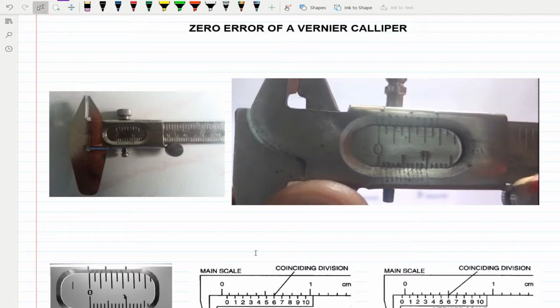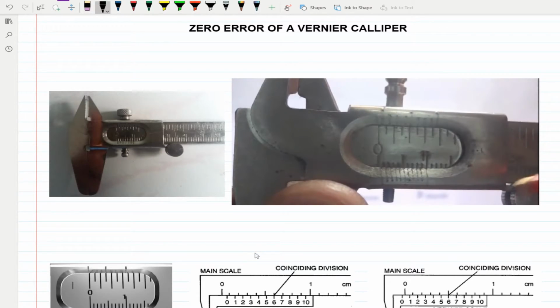Our next topic of discussion is a type of error which is known as zero error. So we will see what zero error is in case of a vernier caliper. Now what usually happens is, due to constant use of any instrument, wear and tear takes place, and because of these mechanical shocks and errors, the zero of the vernier scale will not coincide with the zero of the main scale, when the two jaws are close together.